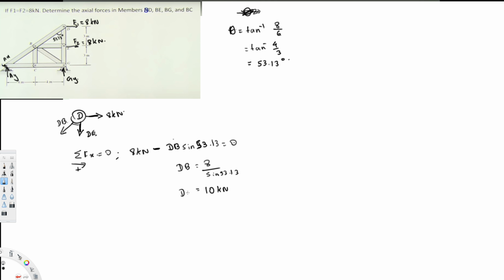Since the answer is positive, we know it's a tension because we are taking everything in the tension direction.